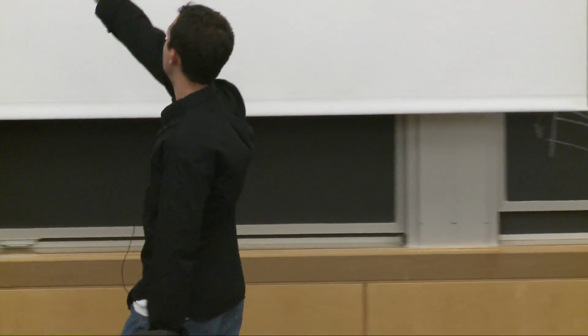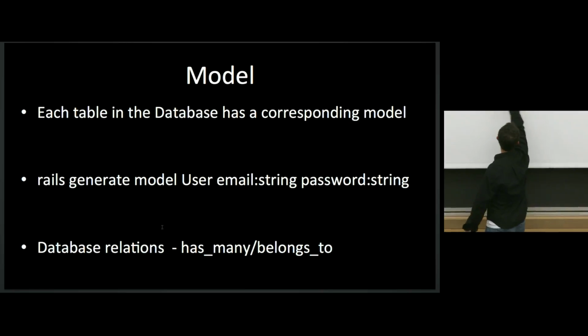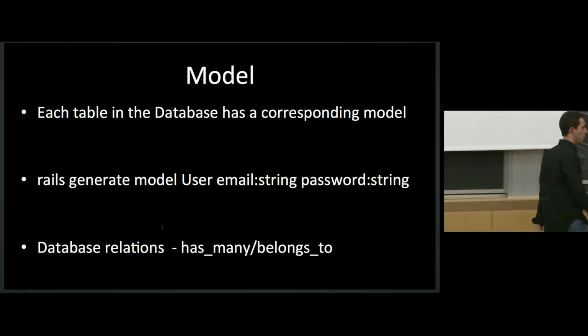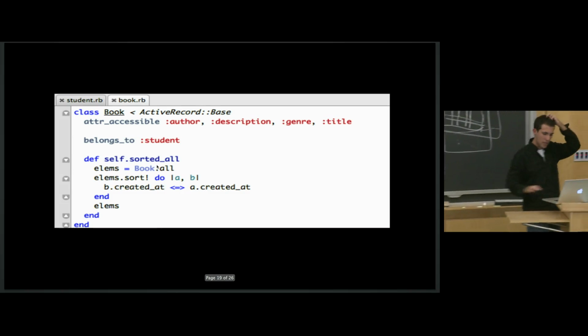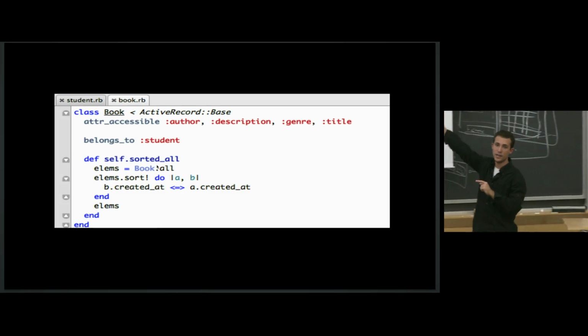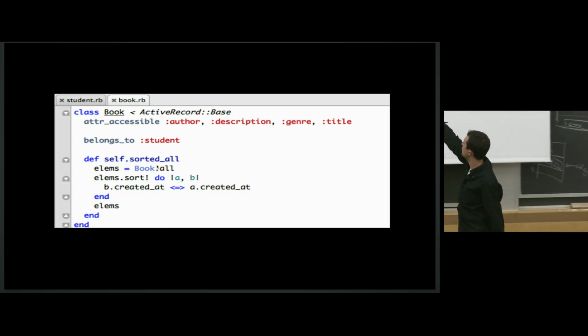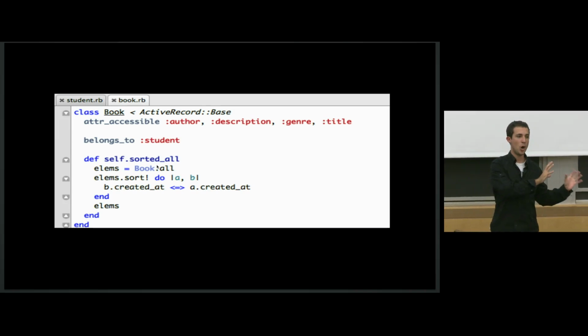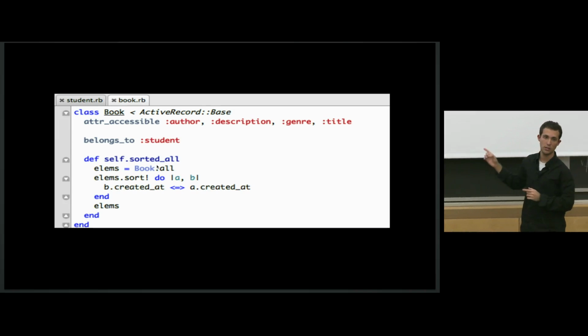So those are the so-called database relations. And here we have exactly those keywords, has many and belongs to. Those are the most important ones. For example, this is a model in the Harvard 2017 website. Each student on the website, student is a model, is a database table. Each student has many books, because you could say, what are your favorite books?